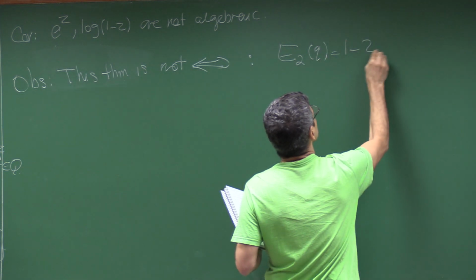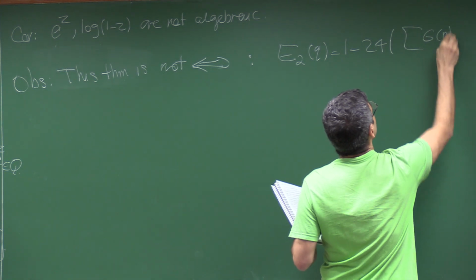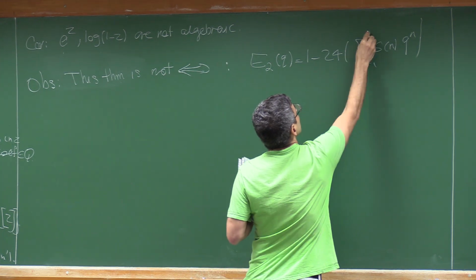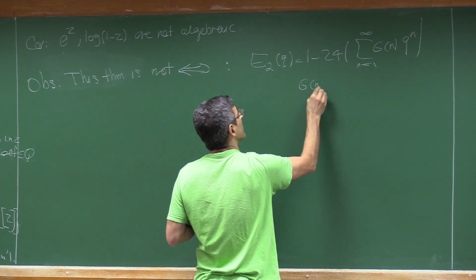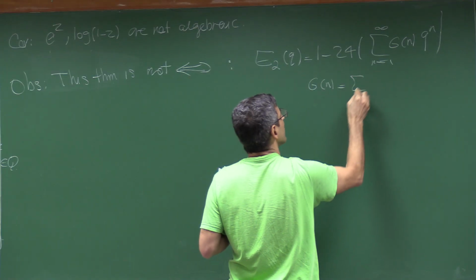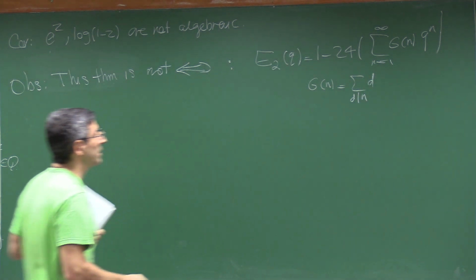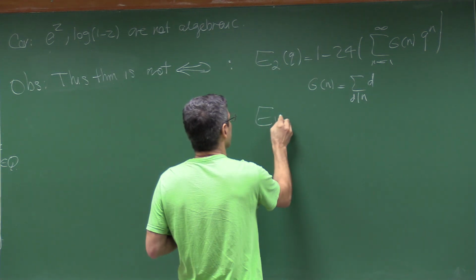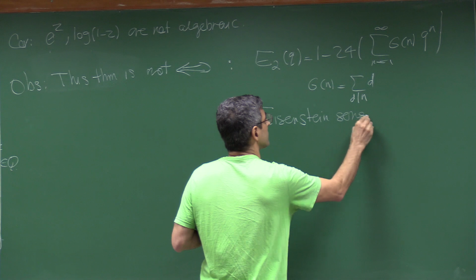It is something like this: sum of sigma(n) q^n, n equal to 1 to infinity. Sigma(n) is the sum of divisors of n. For example, this is also the same Eisenstein series.